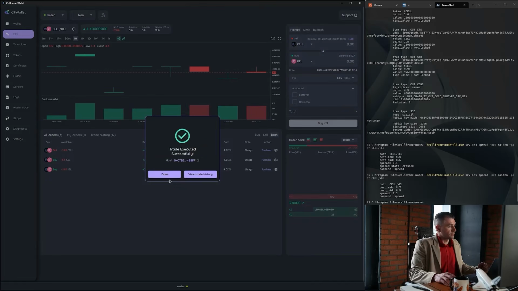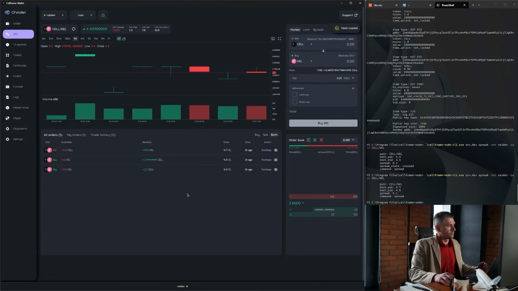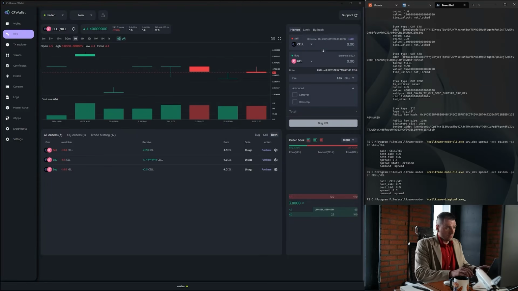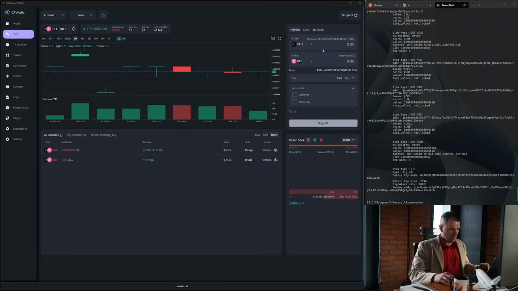So let's try it. And let's check. See? So this is the leftover amount that was locked in the new conditional output.